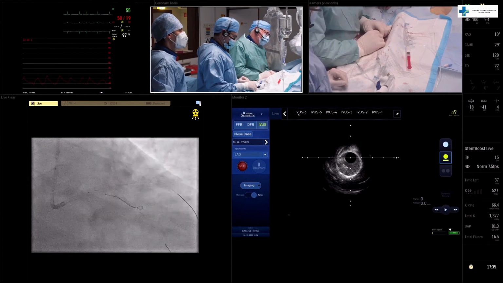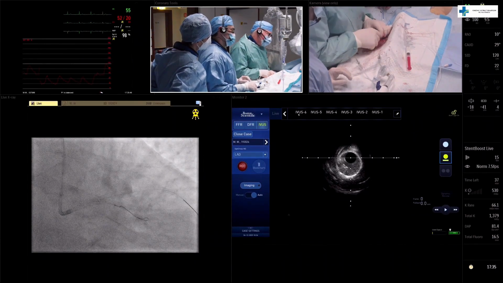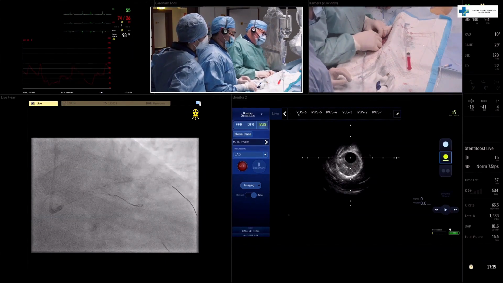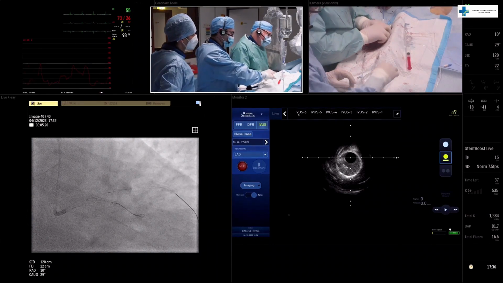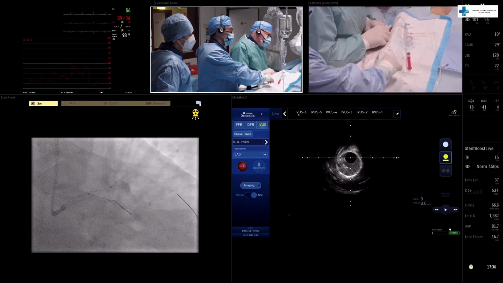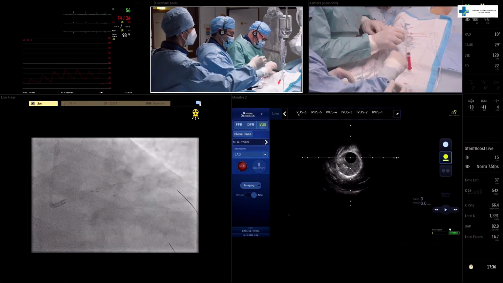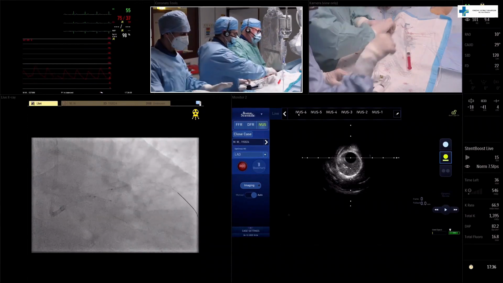It was very nice. And now I will go with 3.5 balloon. Okay, we are in LAD. So it's time to remove the trapped wire, which makes us more happy. Yes, it's done. So Pavel, remove it completely.